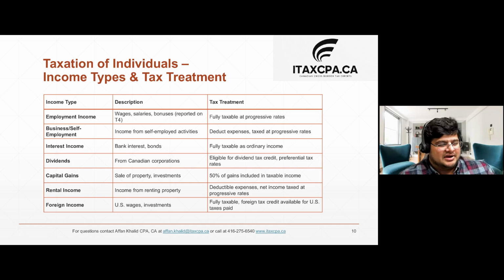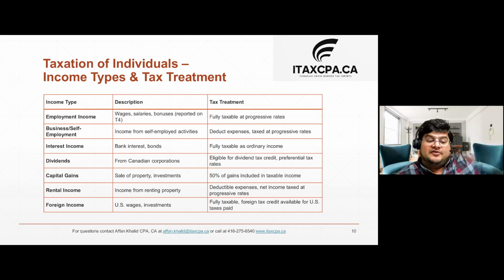Basically, I cannot create a loss as a result of tax depreciation on rental property and so on. So some restrictions apply on the deductibility of expenses, especially with respect to tax depreciation. But otherwise, if you have a loss just because you happen to pay too much interest on your mortgage, then yes, you're allowed to claim a rental loss, and that can be applied against all sorts of income.